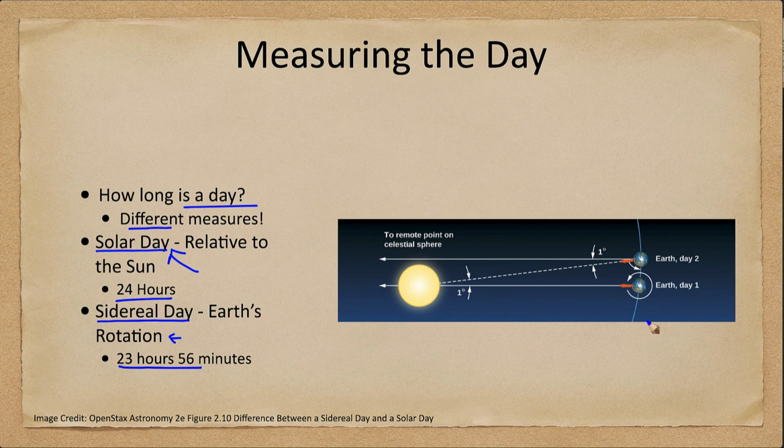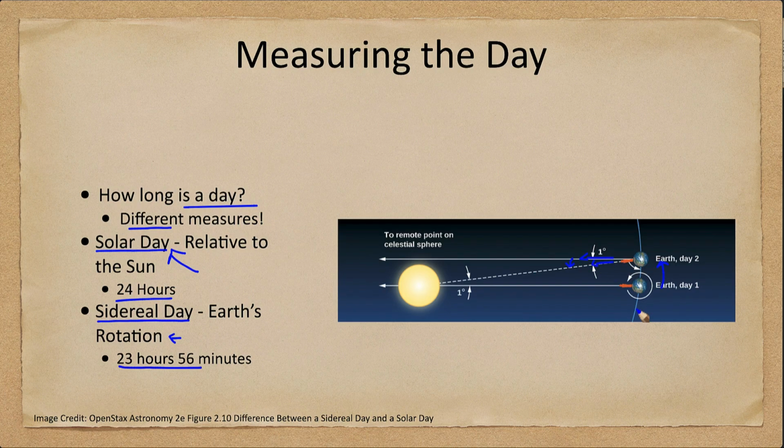Why are they different? Well, they're different because Earth is moving in its orbit over the course of a day. So it takes the Earth 23 hours and 56 minutes to rotate. But at that point, the same point on the Earth is not yet pointing toward the sun. It needs to travel about 1 degree more, which is about 4 minutes, in order for it to point back to the sun again.